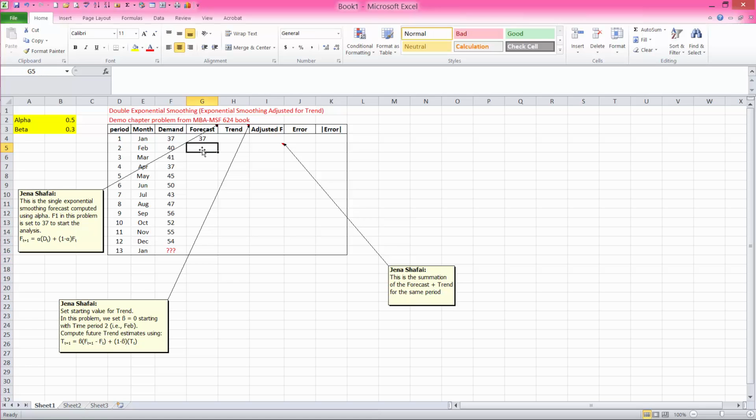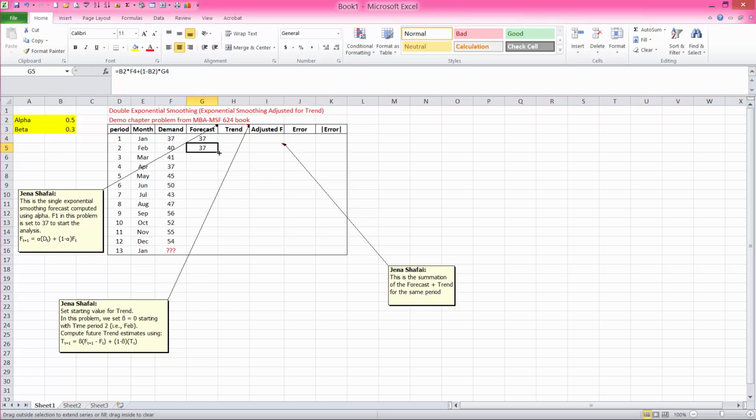The forecast for any given time period is equal to alpha times the demand from the previous period plus 1 minus alpha times the forecast from the previous time period. This will be 37, of course, because both our demand and forecast in the previous time period were 37.